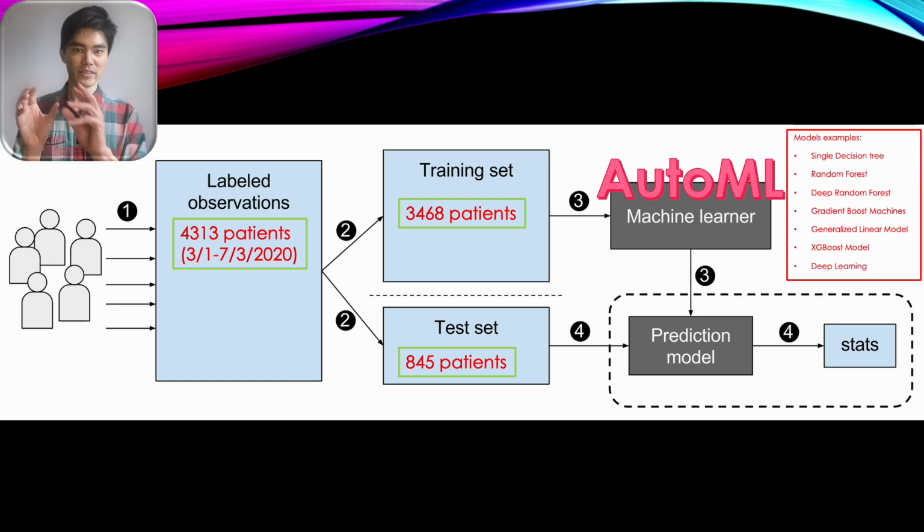And then we take the training set, run it through the AutoML, and generate the best model possible from all the different kinds of models. And then we take all of these models, test them with the test set, and run the statistics to try to find the best model possible.